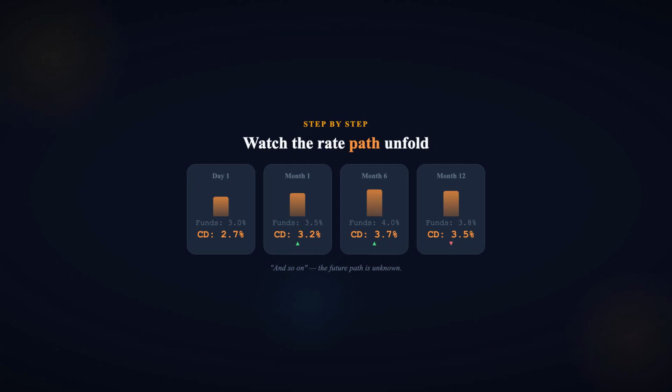Your CD rate drops to 3.5%, still above where you opened, but lower than last month. And so on, and so on. The future path is unknown. You can estimate with assumptions, but you cannot compute with certainty. That is the fundamental difference from Lesson 4, where every spot rate was known today.